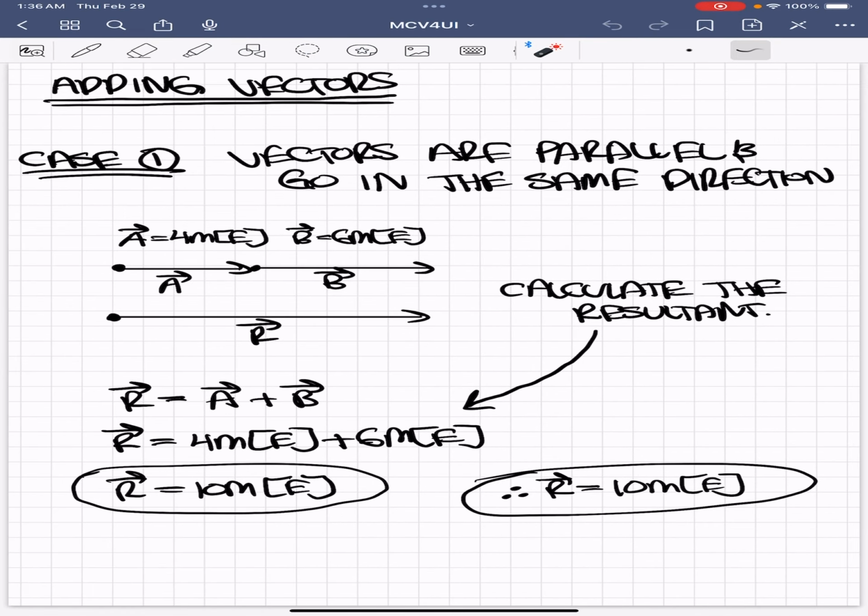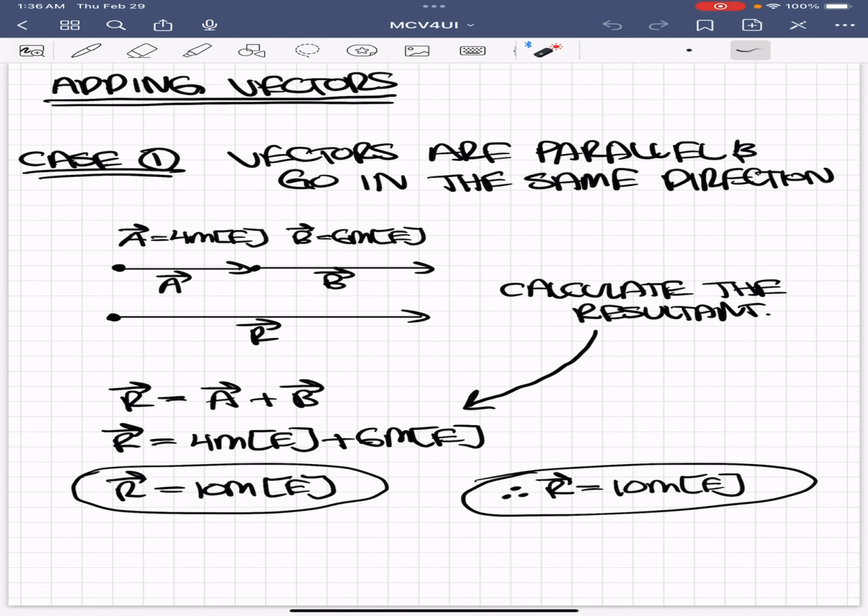So I have vector A and I have vector B. So I see A here is worth 4 meters and it is going in the direction of east. North, south, east, west, it is going east. I also see that vector B is going east.